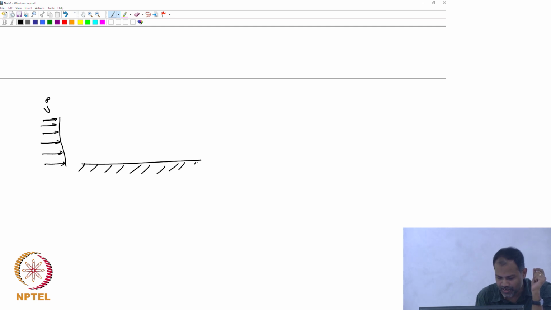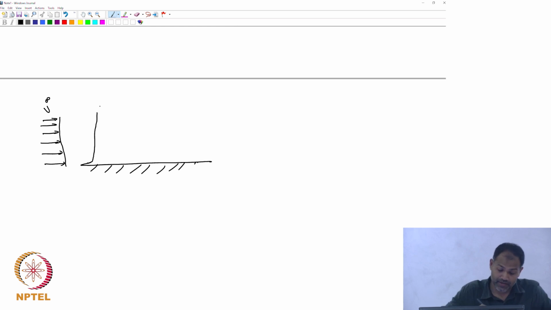If I draw the velocity, up to here the velocity profile was flat, or vertical. As soon as it touches, there will be a small region where the velocity would be affected so much, and immediately after that it will regain its u infinity.